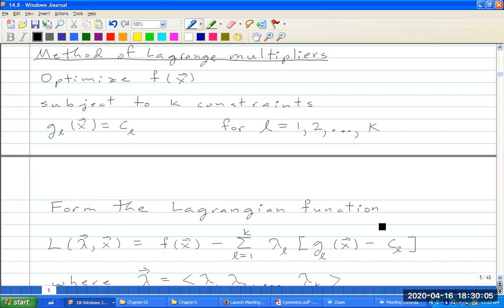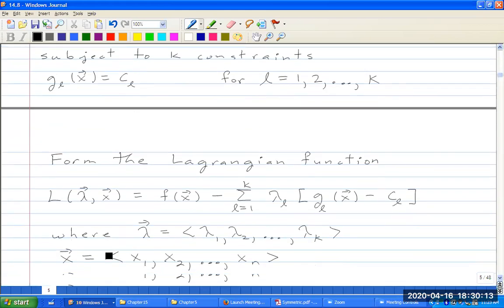I will form the Lagrangian function L of lambda comma x, where lambda is lambda 1 through lambda k, and x is x1 through xn.